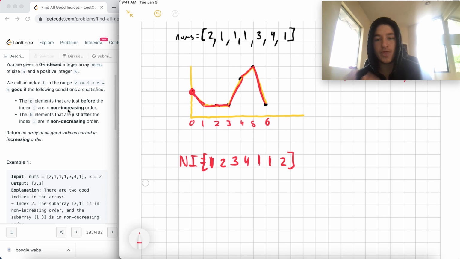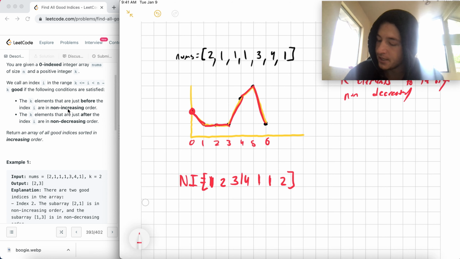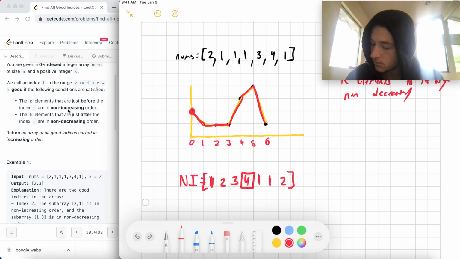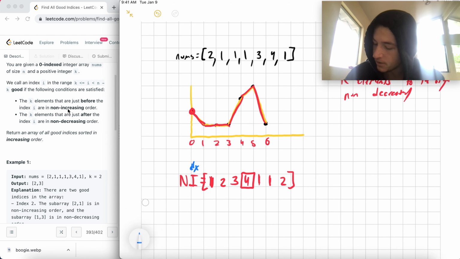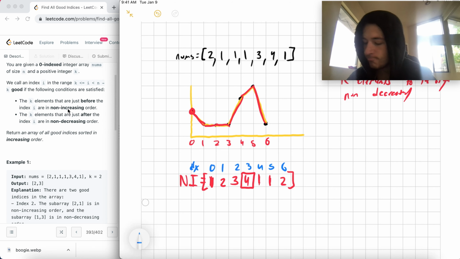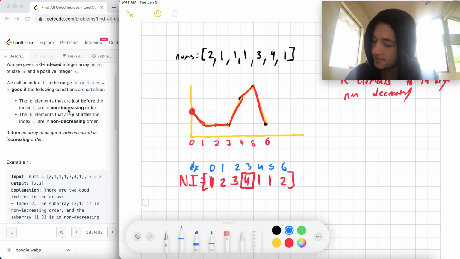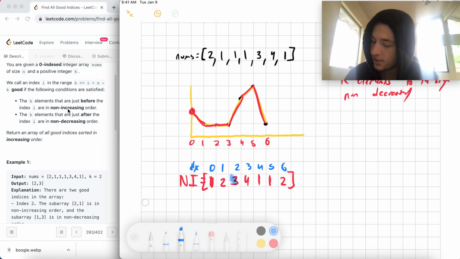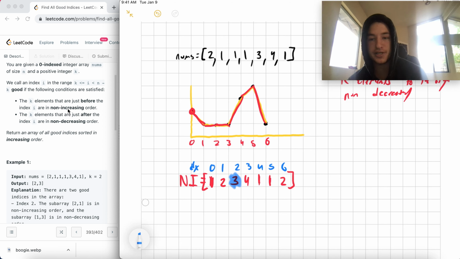And so that means we have the information for the k previous things. So just to make it clear, the indices are 0, 1, 2, 3, 4, 5, 6. If I look at index 3, I know that to my left, without having to recalculate it, there's 3 things in a row that are non-increasing.